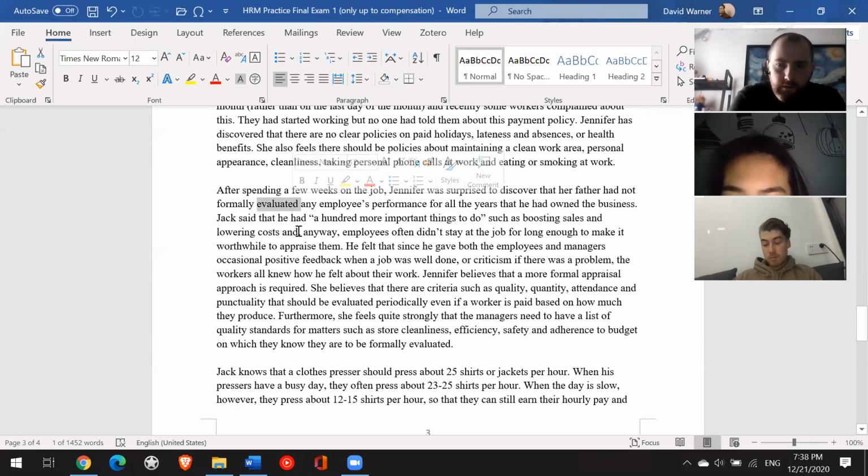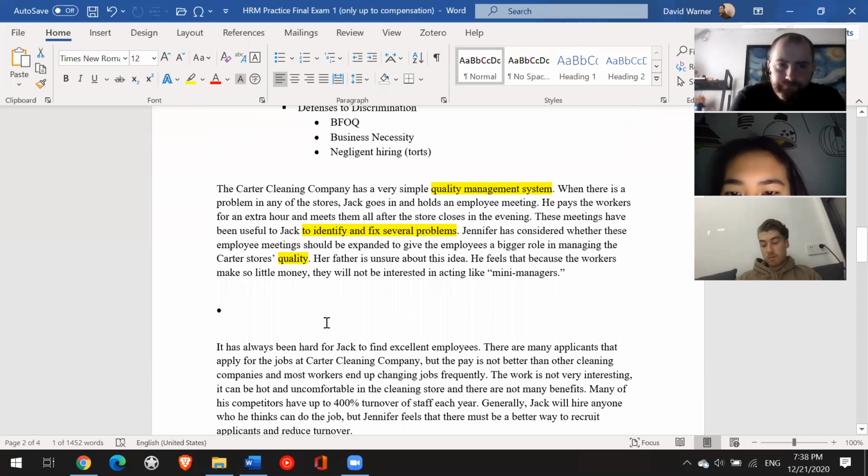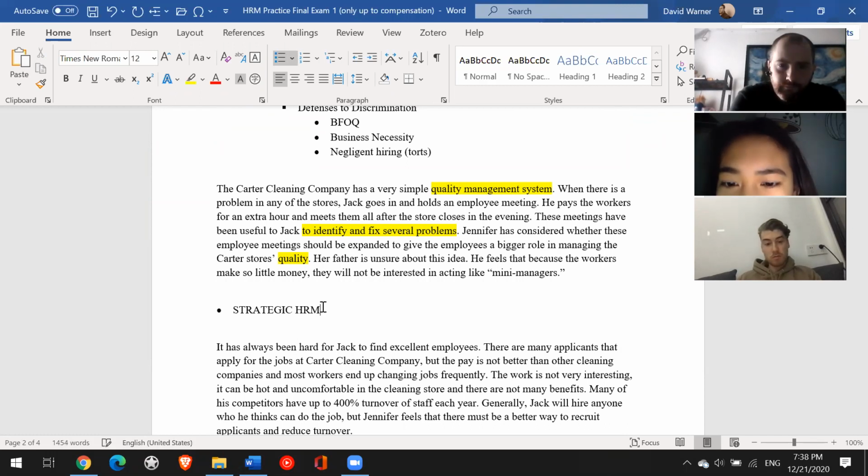This evaluation part is more about evaluations and appraisals. This is, to me, more strategic HRM, right? Strategic HRM is about quality. That's the idea of strategic HRM.